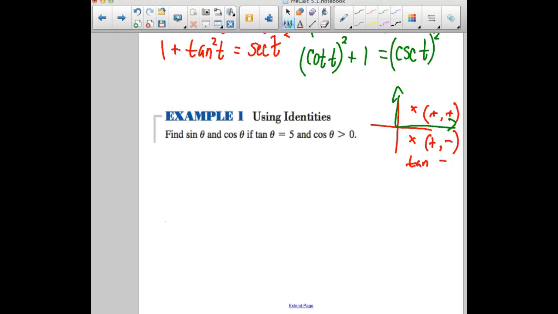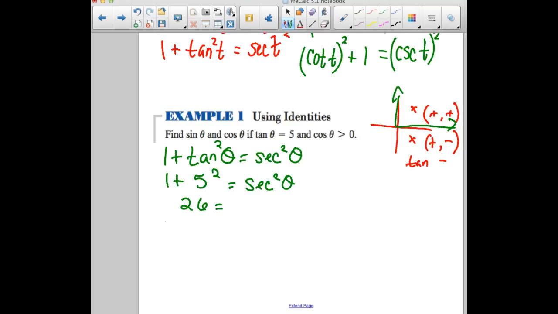Okay? So let's go through. We have a tangent value, so we can use our Pythagorean identity that deals with tangent. So our identity is 1 plus the tangent squared of theta equals the secant squared of theta. And we know that the tangent is 5, so we have 1 plus 5 squared equals secant squared. And if we combine this, we get 26.